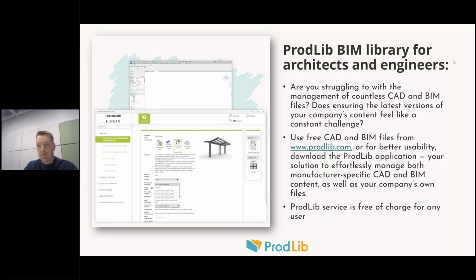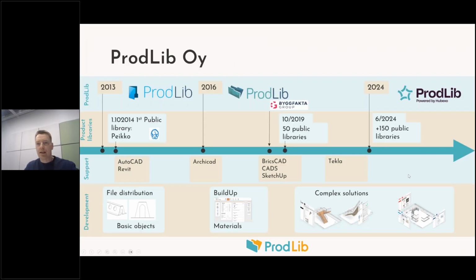But before we get to the real deal, some mandatory talk and a bit of description about ProdLib and how it's been developed. ProdLib was founded in 2013, so it's been a bit over 10 years since we started.